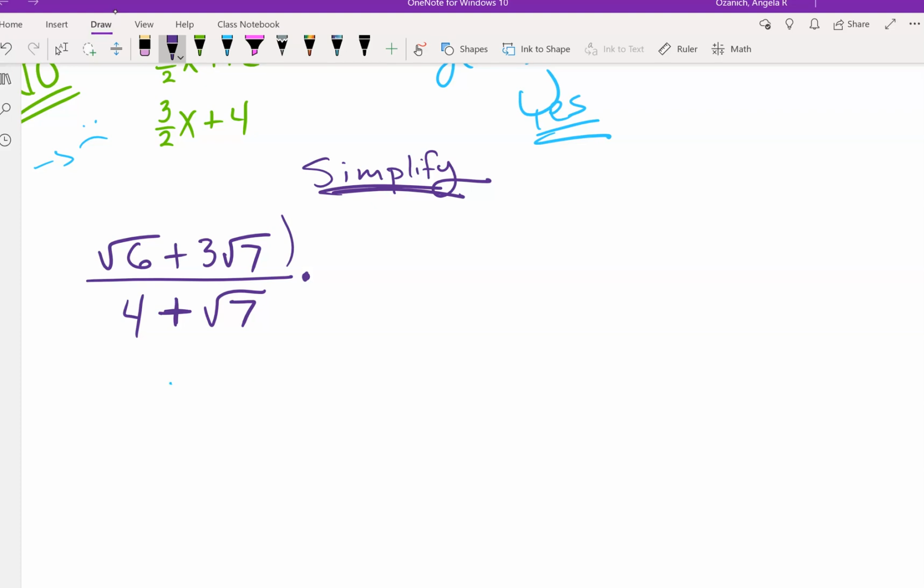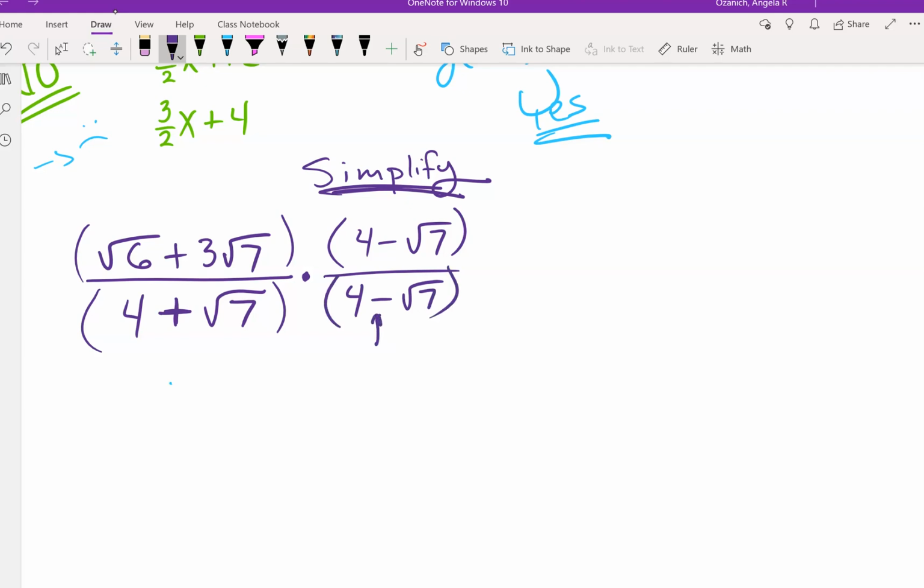We have to multiply both the top and the bottom by the conjugate. So this is going to be 4 minus root 7 over 4 minus root 7. You choose the opposite sign here. Remember why that is? Because the inside terms are going to cancel as we begin to get crazy with our multiplication here.